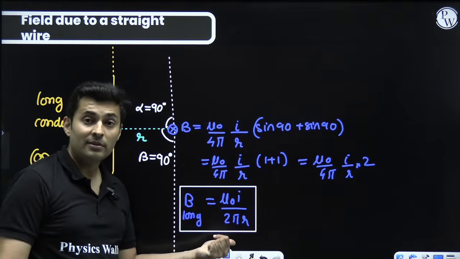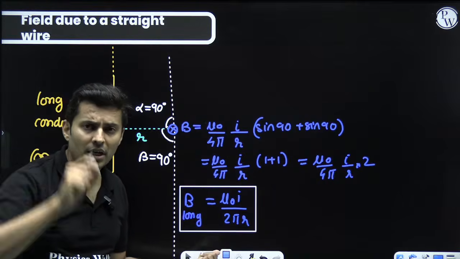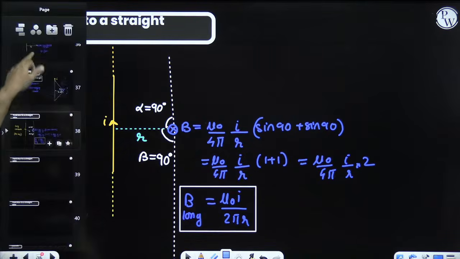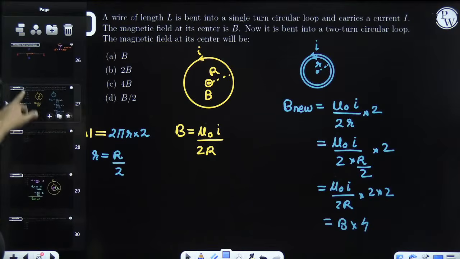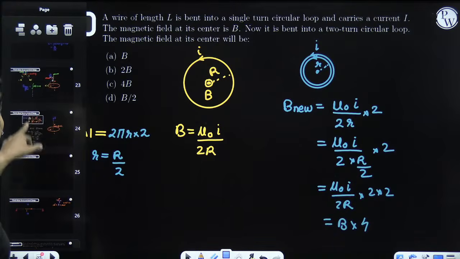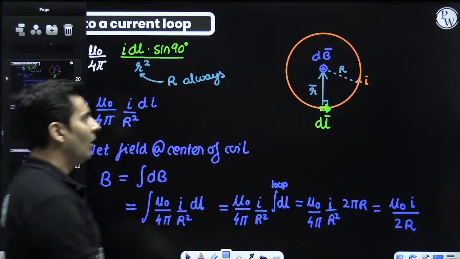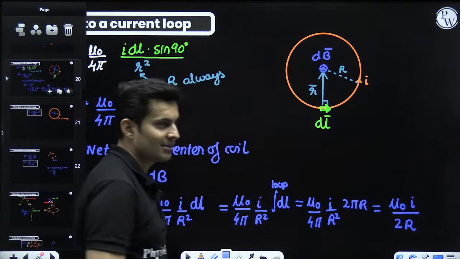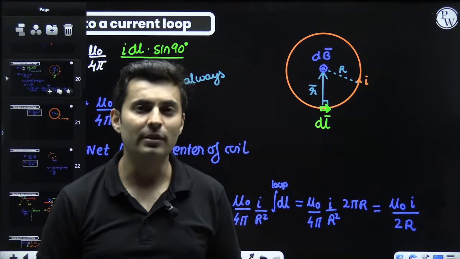Compare this now with the circular coil's magnetic field. Pi was not there, that's all. Look at it. This is for a long wire carrying current, infinitely long wire. Look at what the magnetic field was due to just a loop of coil. Mu naught I by 2R, there is no pi in this. So you should know when pi will come and when pi will not come.